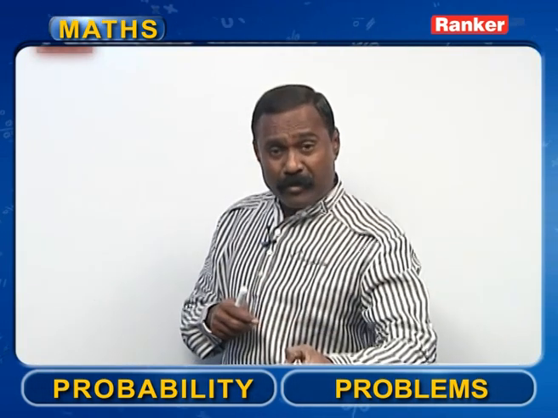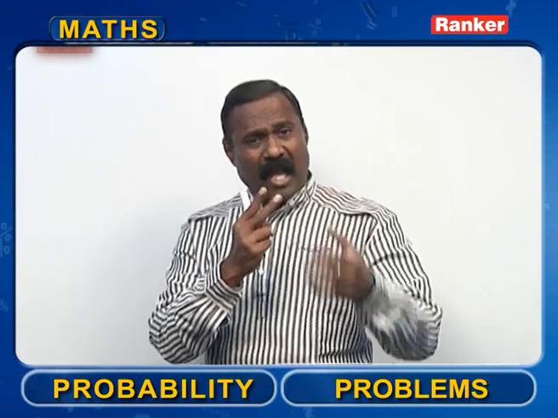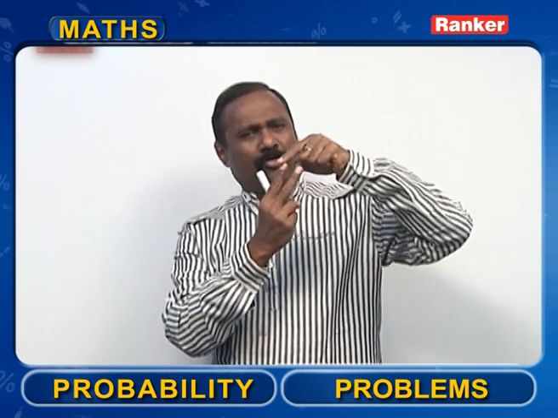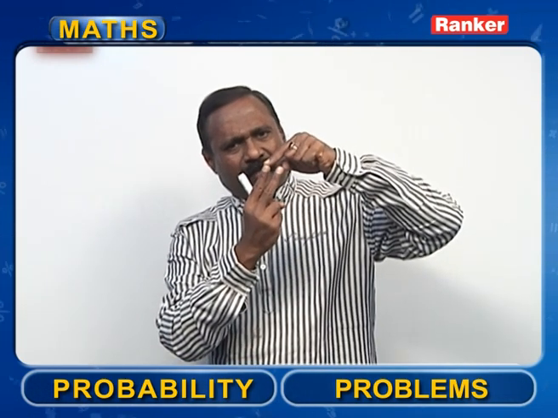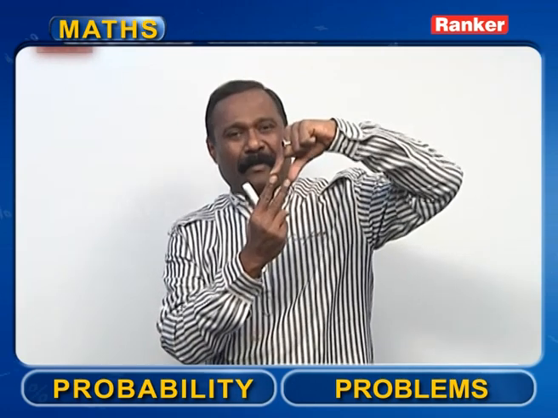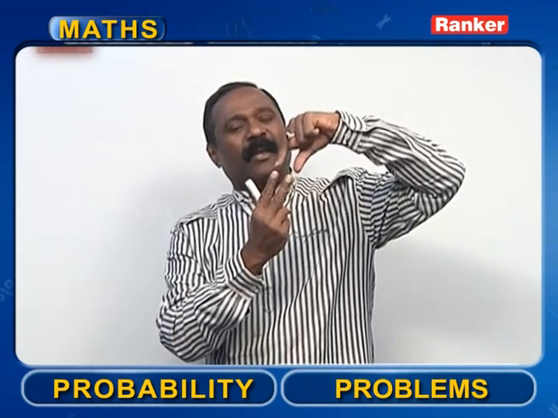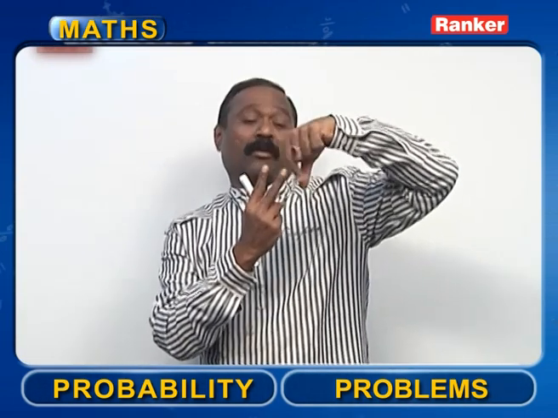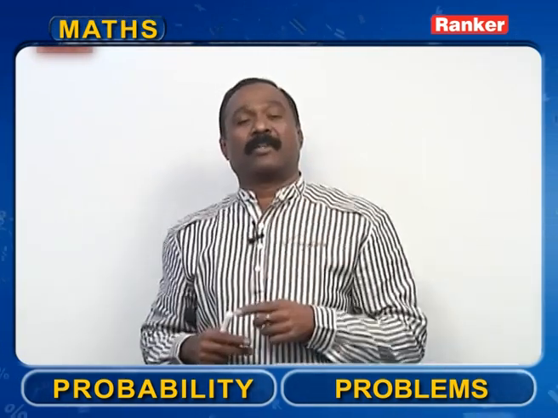If you draw 2 apples from 24 apples, both may be good apples, that means 0 bad apples. If one is good and one is bad, or both are bad. So how many possibilities are there?